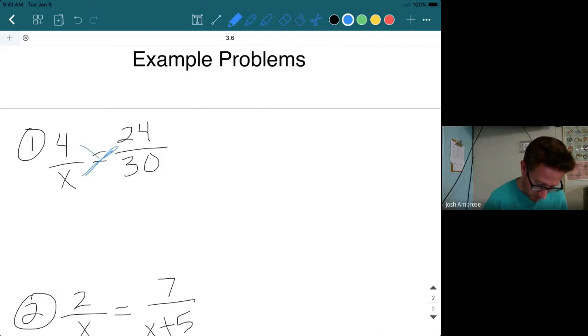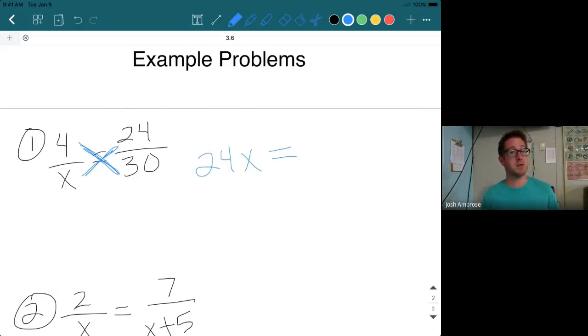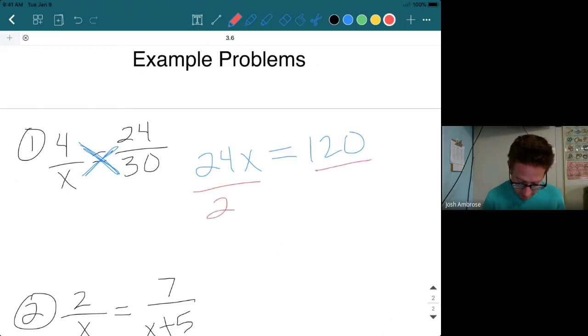Cross multiply. All right, 24 times x is 24x. Don't forget the equal sign, which is super important. And then 4 times 30, let's see, that's going to give us 120. Okay, now isolate x, eliminating the 24.